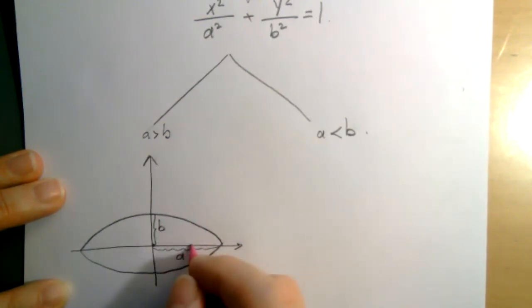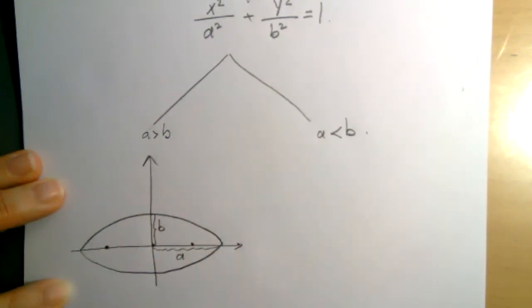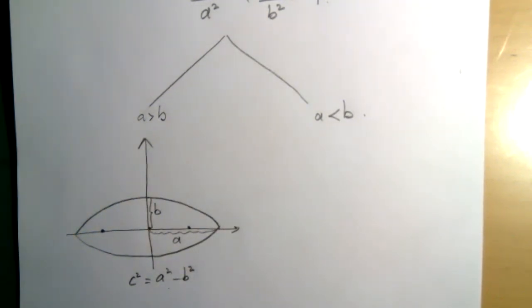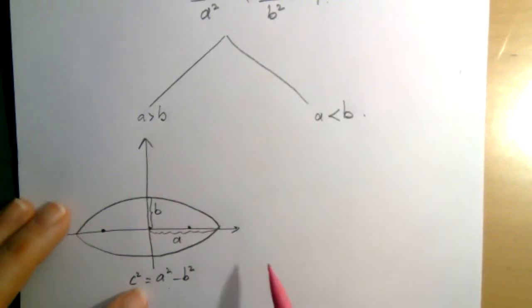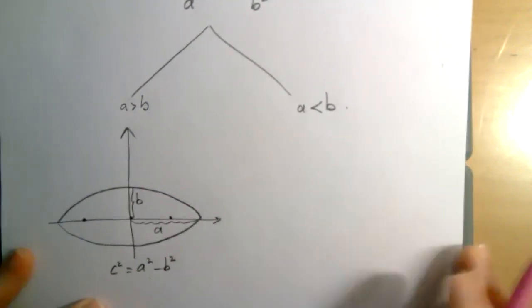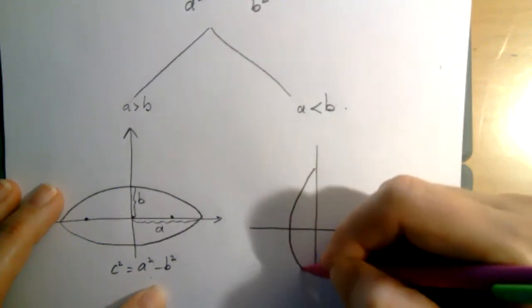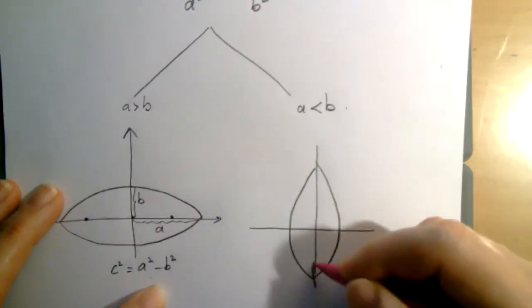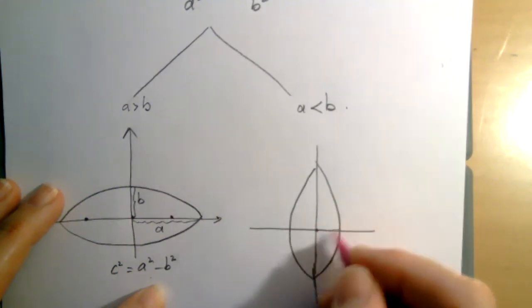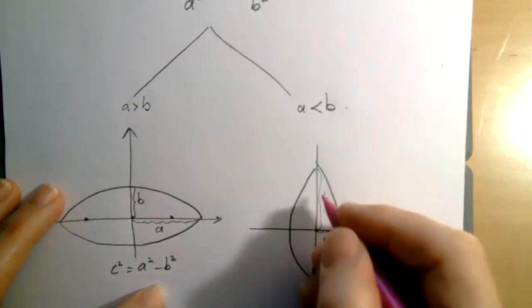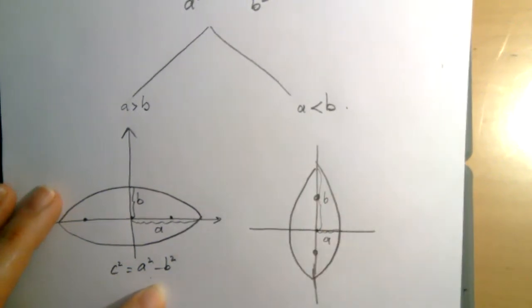In this case, the foci are right here, and the formula for the foci is c squared equals the largest value squared minus the smaller value squared. The foci have very nice properties that I will mention when I finish talking about the ellipse today. For B bigger than A, the ellipse is elongated vertically. That's the picture. The A is always the x-intercept, that's the B, and the foci are right there.